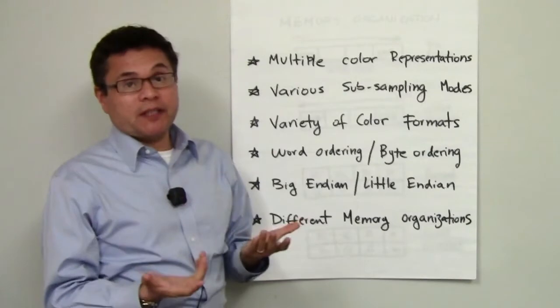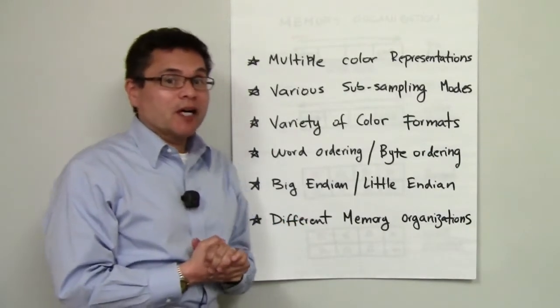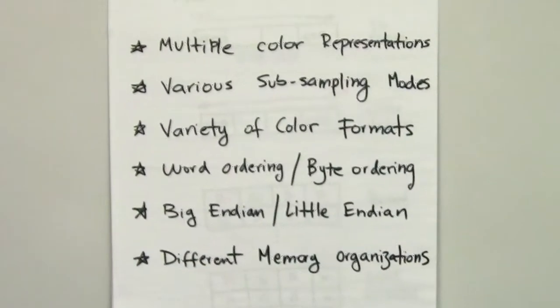Let's review what we've seen up to this point. We've seen that there are multiple color representations, that there are various ways of subsampling that image information in either the horizontal or the vertical domain. We've seen that there are a variety of color formats in which you can represent images.